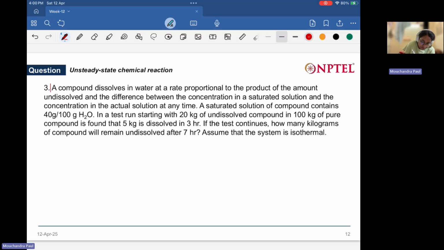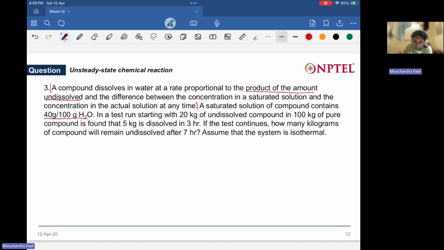This is an important statement. The saturated solution of the compound contains 40 grams per 100 grams of water.